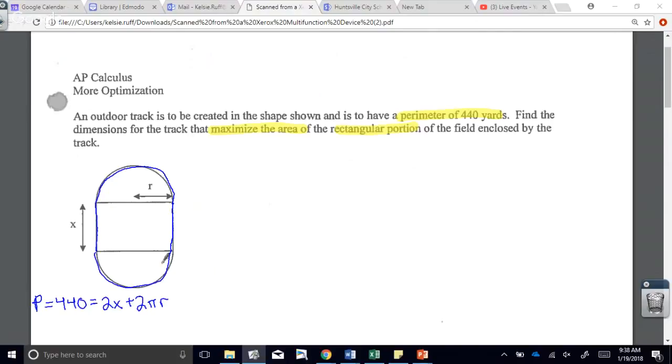The next thing that we can look at, well, let's go ahead and take this and we're going to solve for x. We divide everything by 2 and then we subtract the 2 pi r over to the other side. We end up with 220 minus pi r.